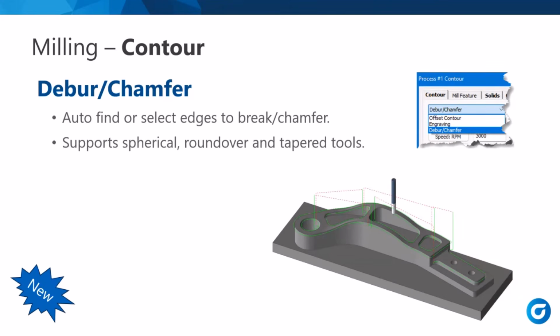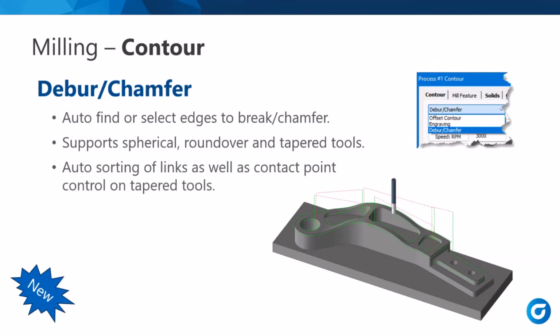It supports spherical, roundover, and taper tools at this point. What I really like is we have auto sorting of the links as well as contact point control on the taper tool. The auto sort is really nice, and I'm hoping perhaps that could populate to other portions of the product now that we've got that.